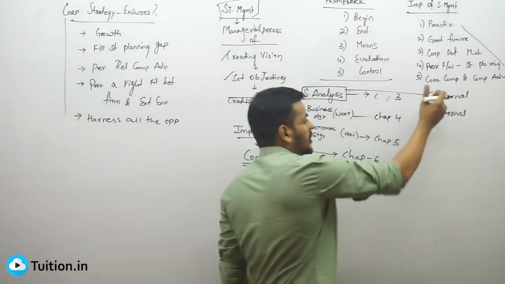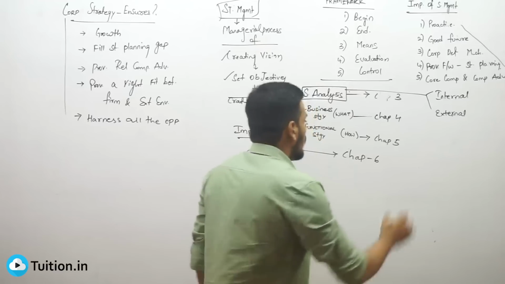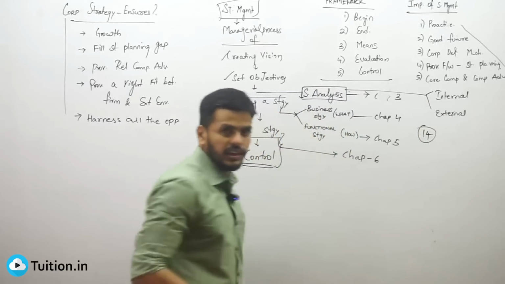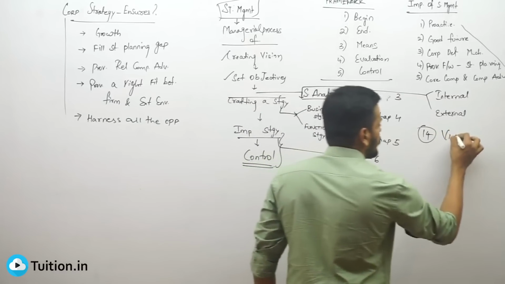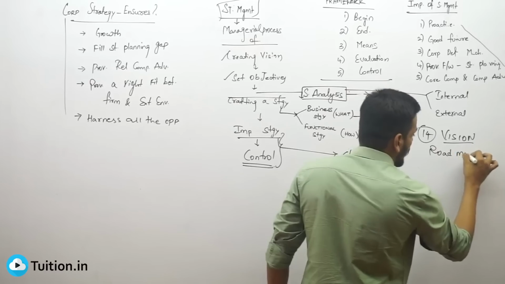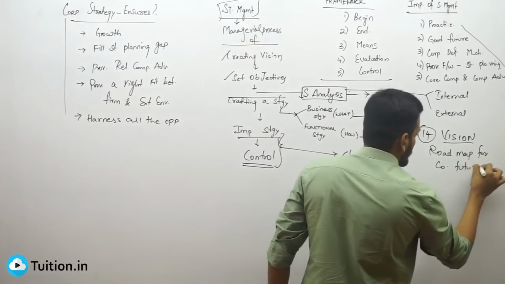So right now we are talking about internal and external environmental analysis. Then topic number 14 in this particular series is about 3 key words: vision, which is a roadmap for the company's future.